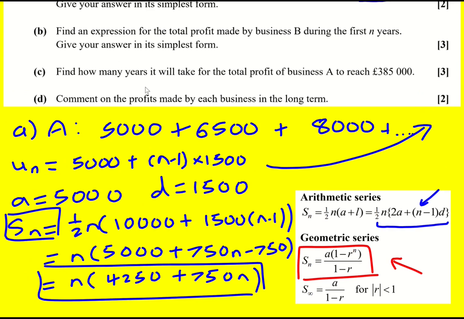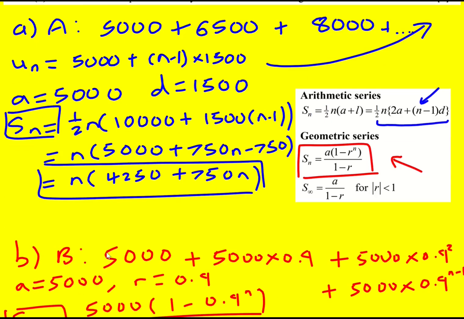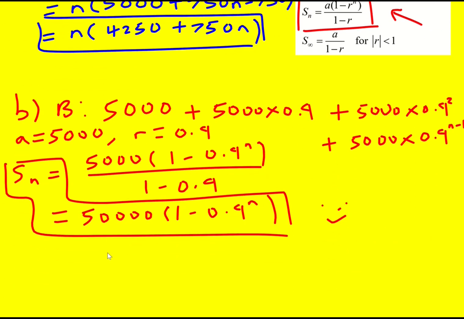Right, part C, find how many years it will take for the total profit of business A to reach £385,000. So exactly that amount. We've got the total profit in terms of n in part A, so it's a case of setting that equal to 385,000. I'm also going to expand the bracket now, because we can see that this is going to be a quadratic.